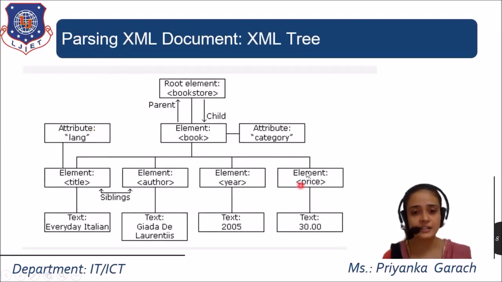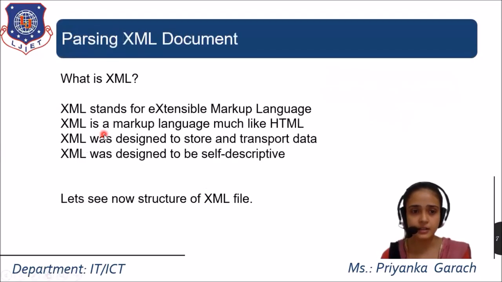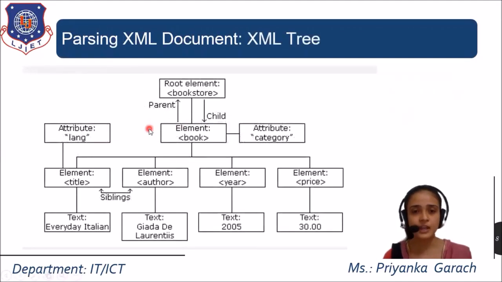So this is the XML tree. This is the hierarchy of the XML. In HTML, we have seen that these are the tags, that is the HTML tag, head tag, title tag. Similarly, in the XML, we have different tags, and those tags we will call elements. So the first element in the XML tree is called the root element.